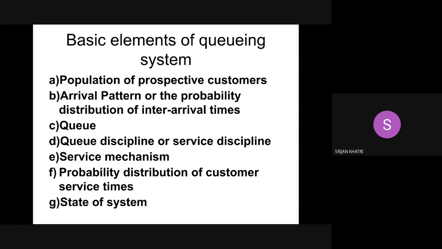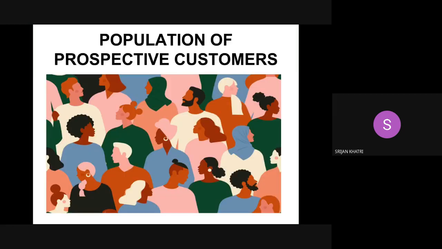So now let us study all the elements one by one. These are the basic elements for defining the queuing system. Population of the prospective customer means, for example, we have the population for drawing money from the ATM.